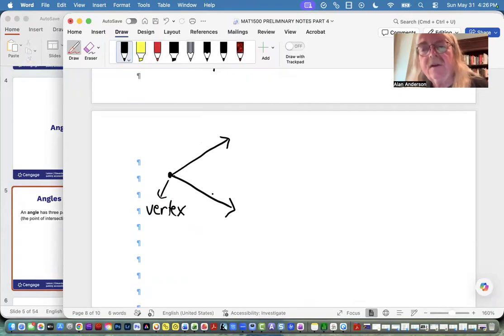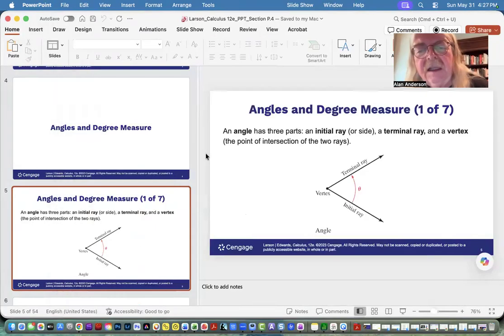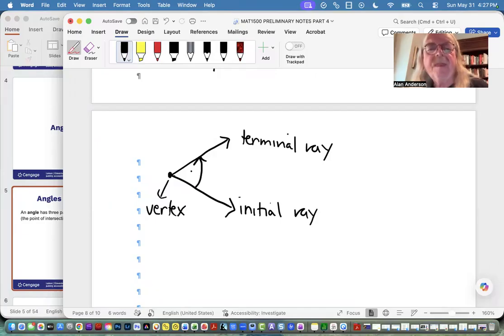And we also assume that we know what direction we're going in. We're starting here. And this is the terminal ray, or sometimes it's called the terminal side. And then the distance that we have to travel can be thought of as our angle.